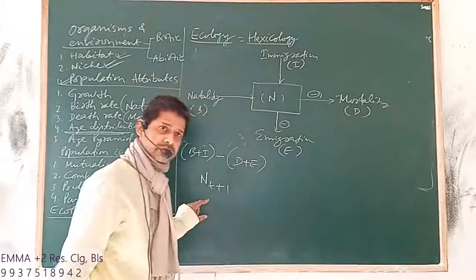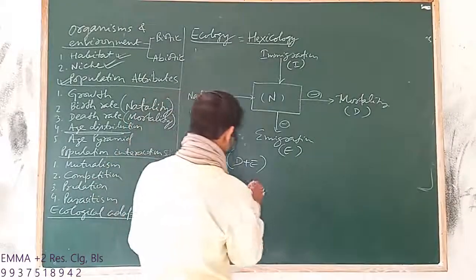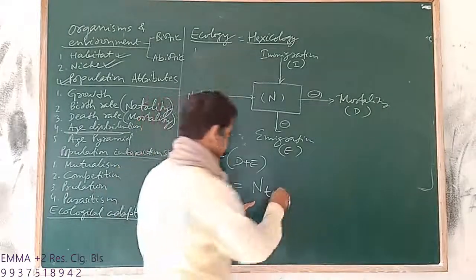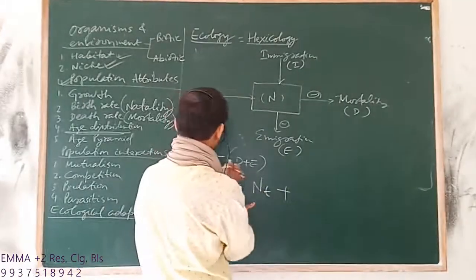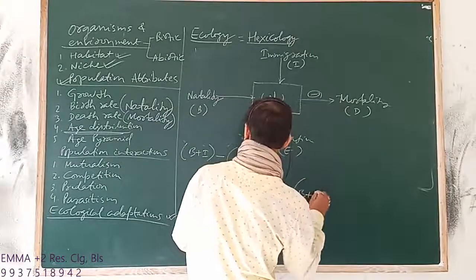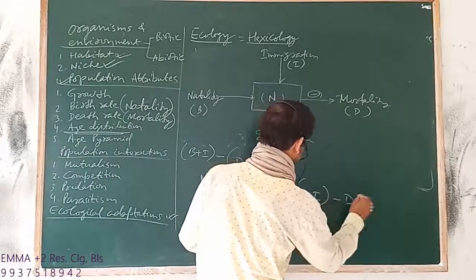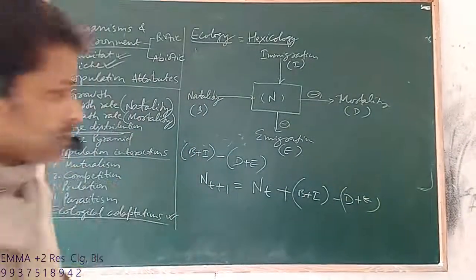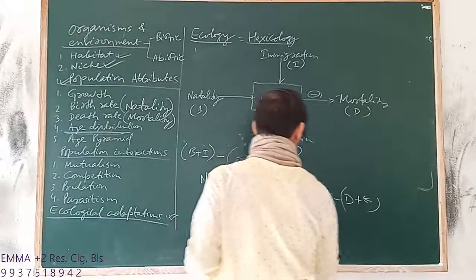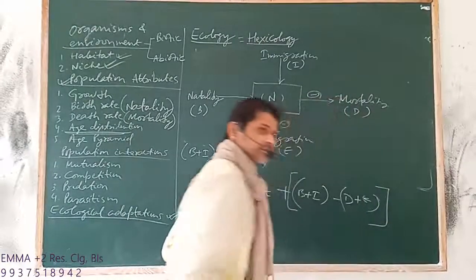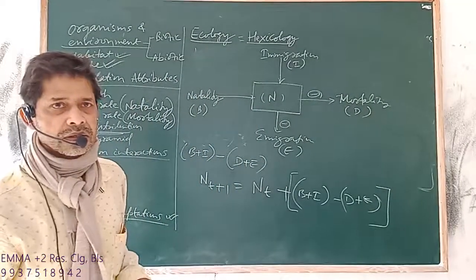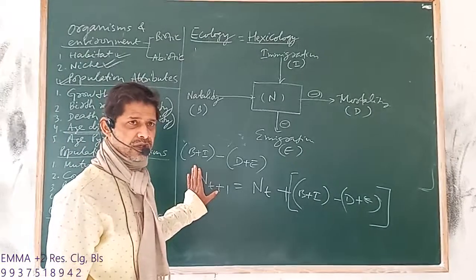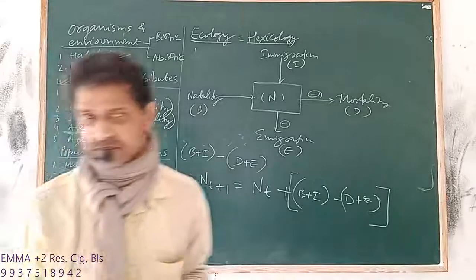So the formula is previous density plus B plus I minus D plus E. This is the formula. You can put this in square brackets. This is the formula by which we can calculate the population density.